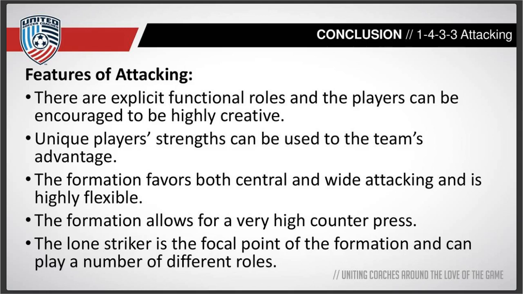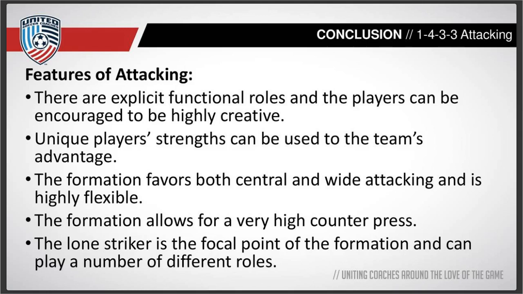And then in the midfield, in possession, there is the opportunity for a creative player like a number 10. There's the opportunity for maybe a number 8 player who can run box to box and get in behind and get into spaces. So again, you're looking at explicit functional roles, and then you're looking at your unique player strengths. So you may have a player that has great vision, not necessarily the most physical player, the most athletic player, but he or she can see a pass.